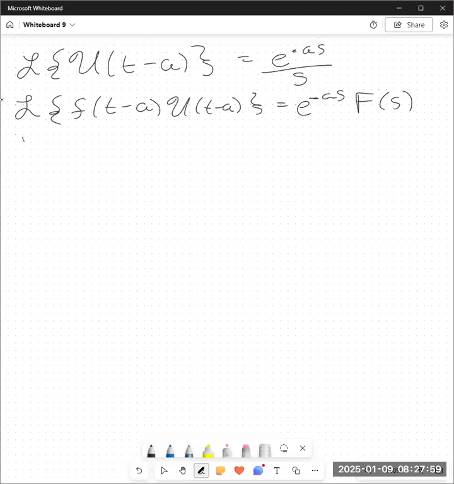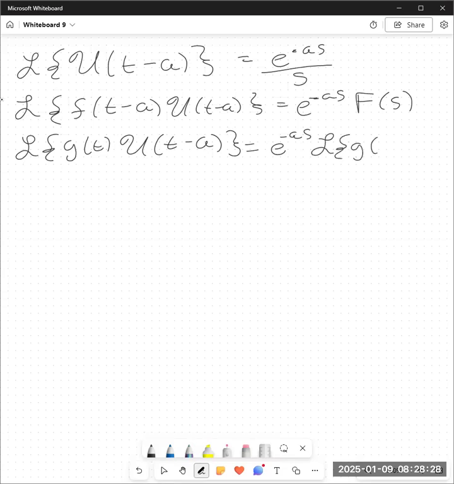And if we have Laplace transform of g of t, unit step function t minus a, where these functions don't match one another, then that's going to be equal to e to the negative as Laplace transform of g of t plus a.